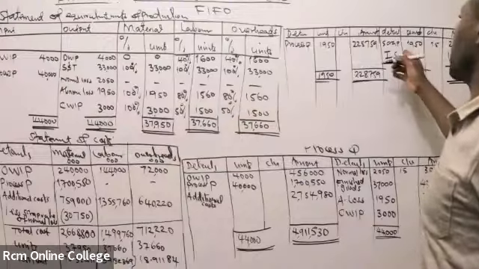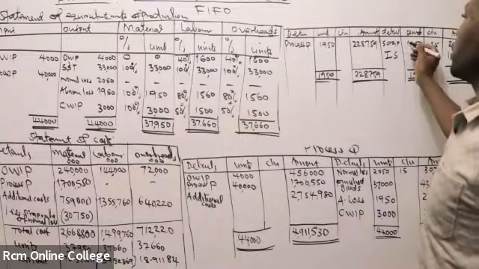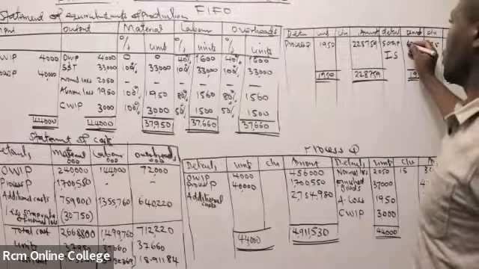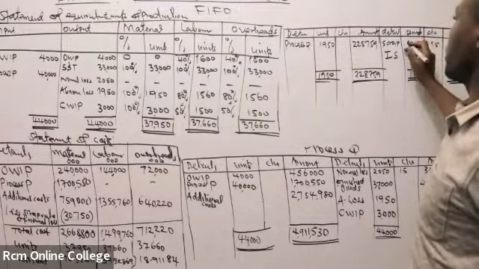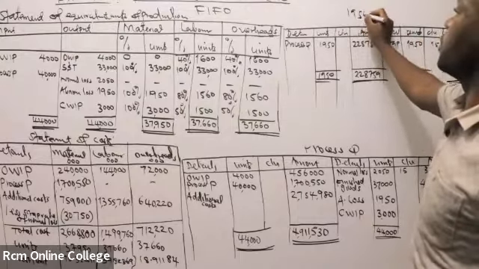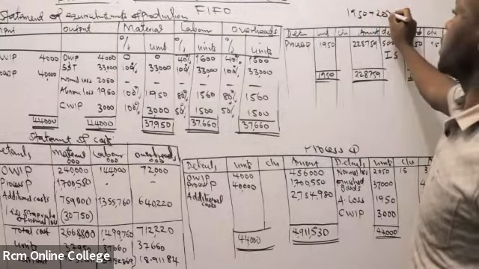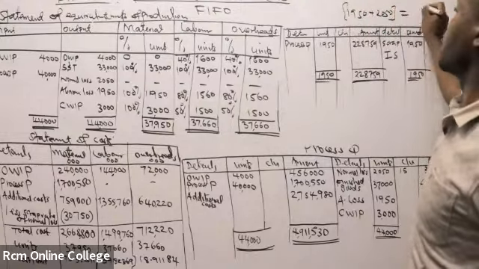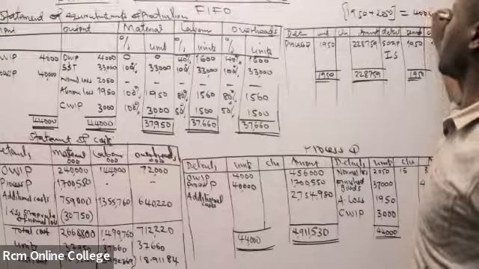And of course, we take it without units. The units have been taken to the scrap account. The 1950 plus normal loss of 2050 is giving us 4,000.